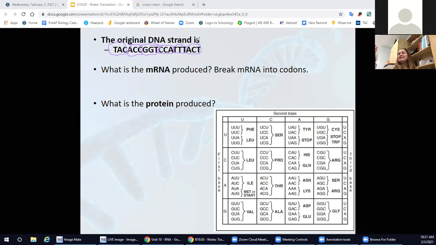Okay, so we're not making a DNA strand, we're making an mRNA. And on mRNA, remember there's no T's. We use U's instead of T's. So let's see.